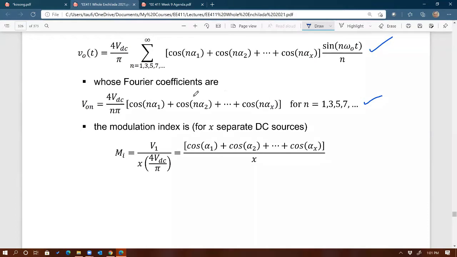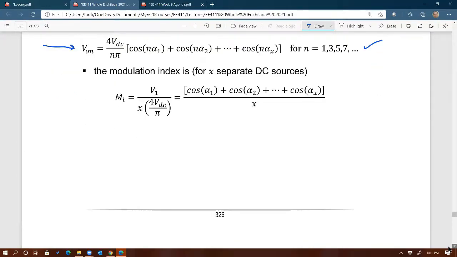And then you can also apply harmonic elimination. If this equation is equal to 0, then you have the second criterion for eliminating harmonics. So now you can hopefully solve the problems that way.